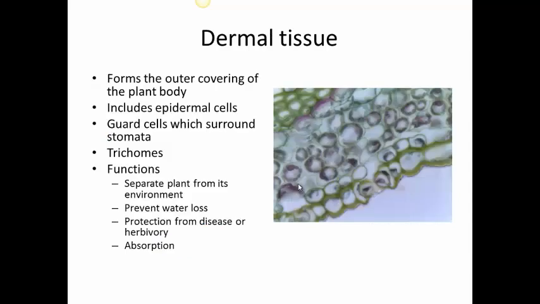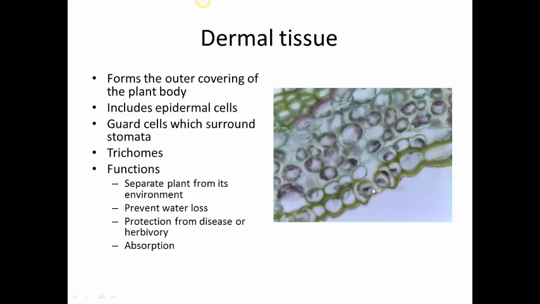Finally, let's take a look at the plant dermal tissue. As we mentioned, this is the cell layer that covers the outer part of the plant body, so it covers all of the organs. It includes epidermal cells, which are mostly what we see here in this micrograph of a leaf, but it also includes guard cells.